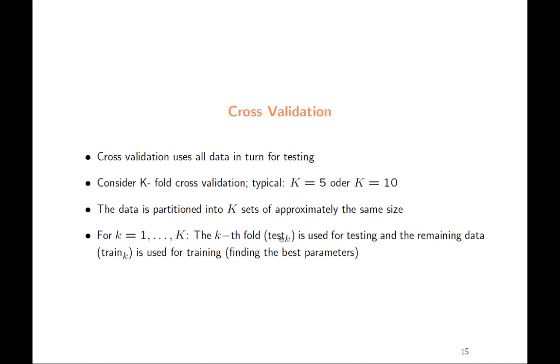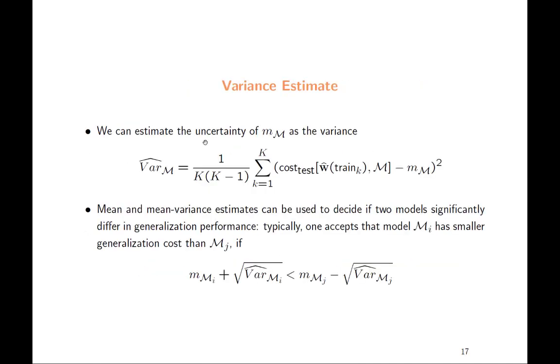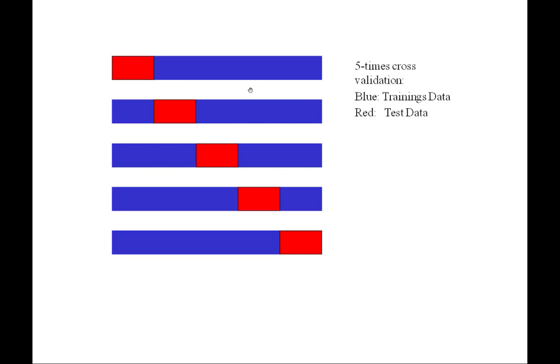So this is describing cross-validation, but it's easier to also look at the graphics. So this is the whole training data set available, and each time, so this would be 5 times cross-validation, we take 1/5 of the data randomly chosen.